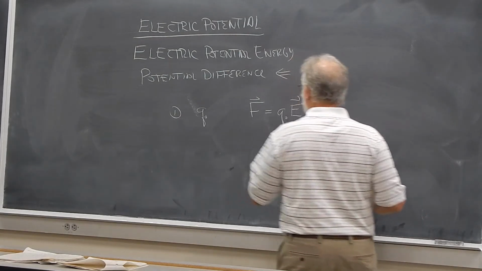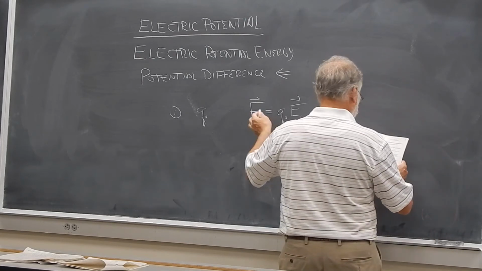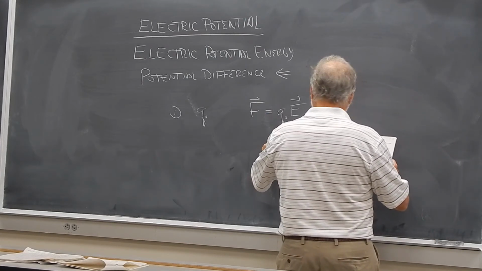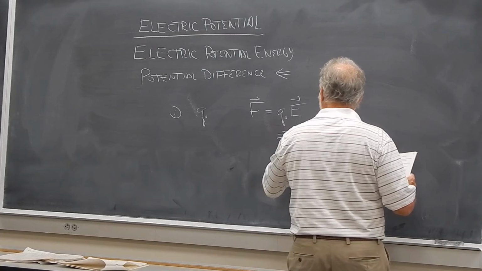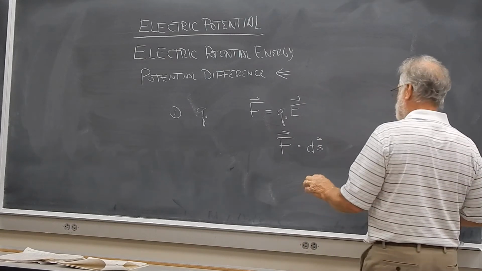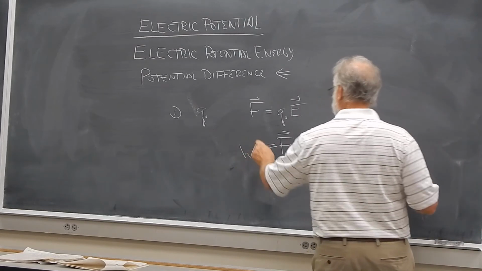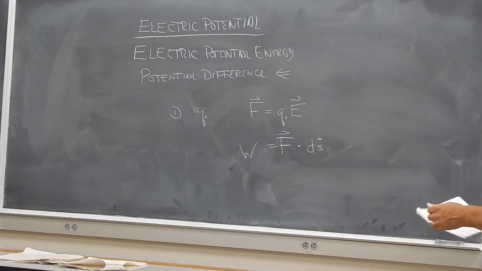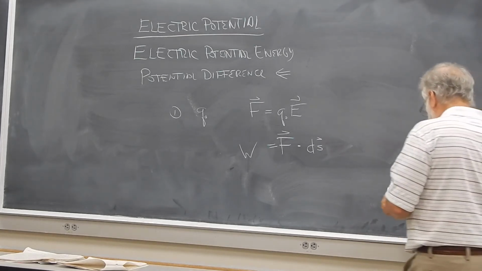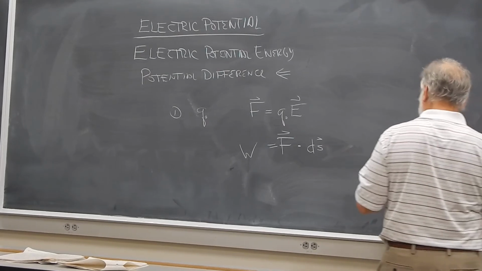Let's say that the charge moves some displacement, call it ds. We can say that the work required to move that charge some displacement ds is F dot ds, as we did in mechanics. This will cause a decrease in the potential energy of the electric field.